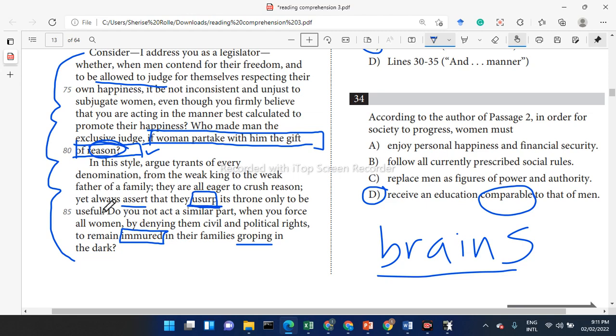The man is puzzled: if you're looking out for my own good, why are you the only one getting all the products? So she's saying they usurp its throne only to be useful. The reason I'm the king and you're not, or in this position and you're not, is because I'm doing what is good for you. If you understand what I mean. Yeah. All right.